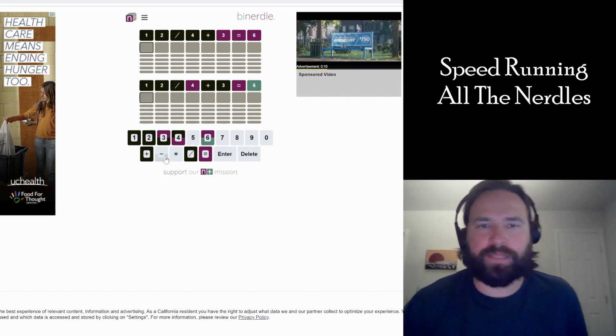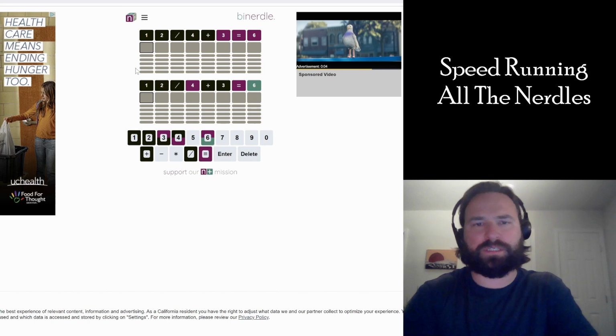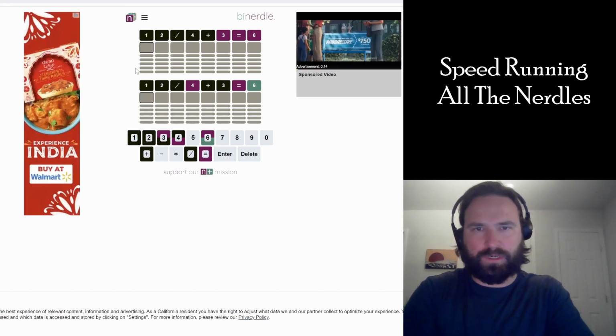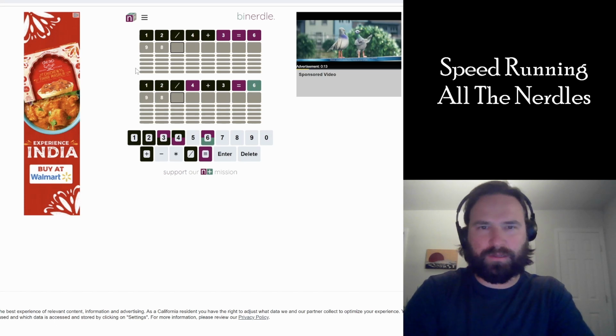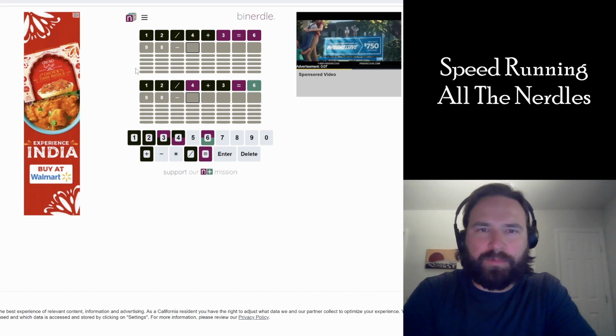We have no sign, so it's all subtraction and multiplication. It's going to equal at least a double digit in both cases. So let's go 98. I'm just going to go double digit minus double digit equals double digit here, I think. We have a 3 in the top, a 4 in the bottom.